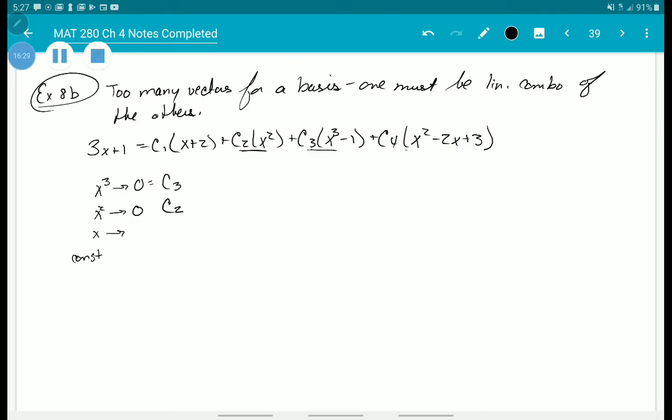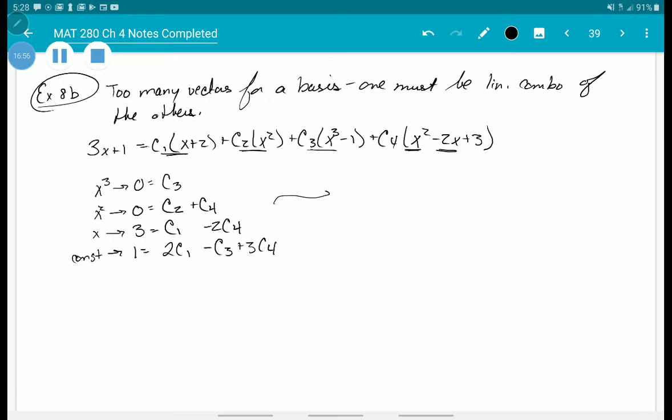I'm looking at squareds, so plus c4. X's, I have 3, is equal to c1 minus 2c4. And then constants, I have 1 on the left, is equal to 2c1 minus c3 plus 3c4.